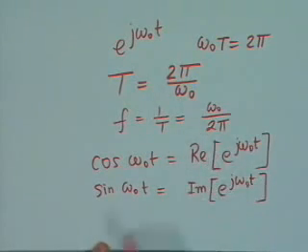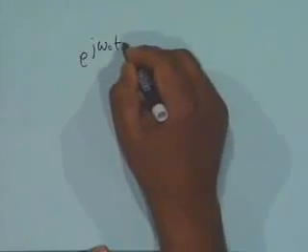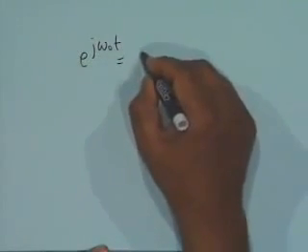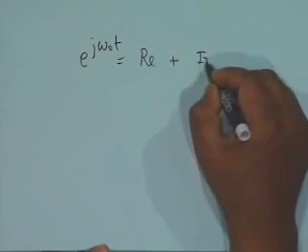Well, if it is to be correct, then you write e to the j omega 0 t as real part plus j times the imaginary part.